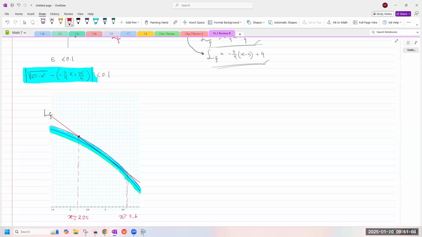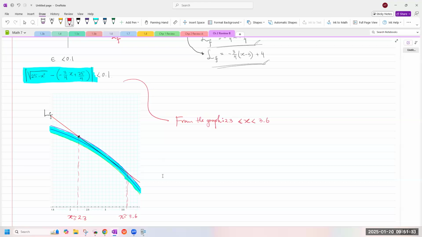Let's call it 3.6 and 2.3. So from the graph, the error will be less than 0.1 if we estimate using x between 2.3 and 3.6.